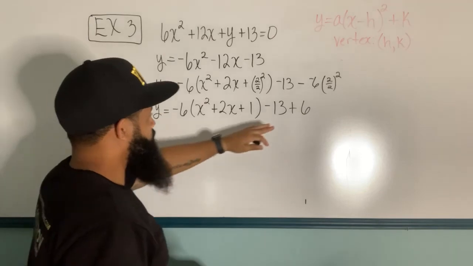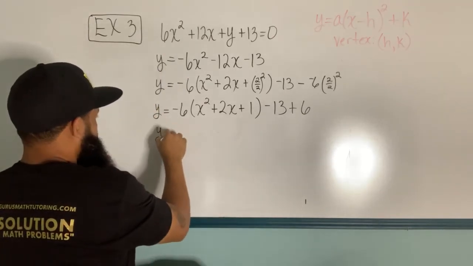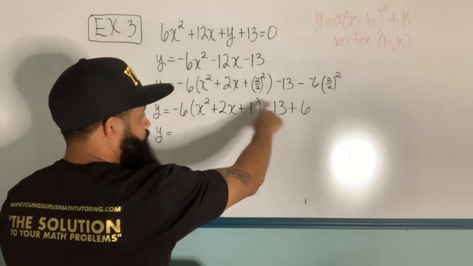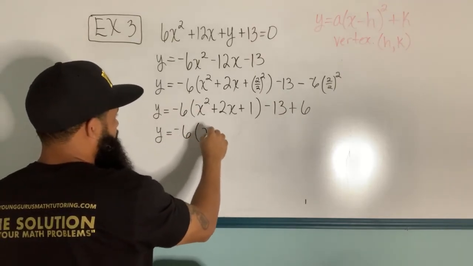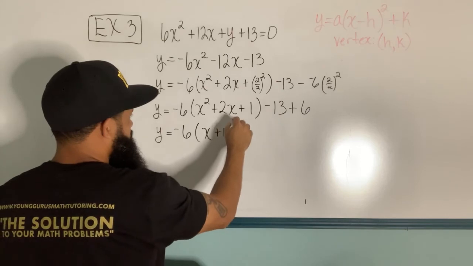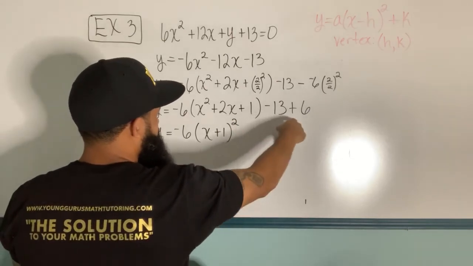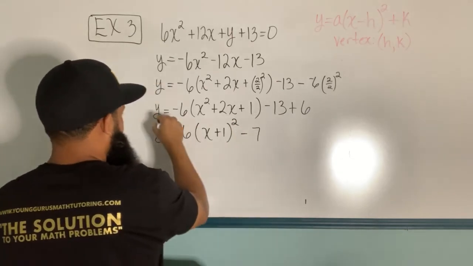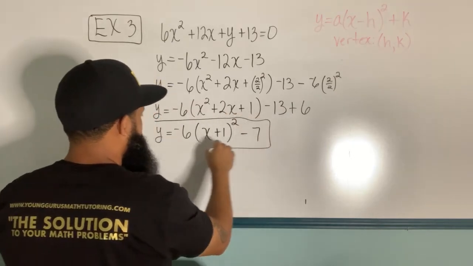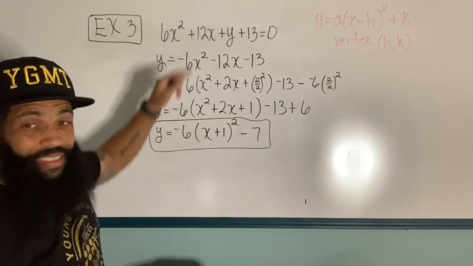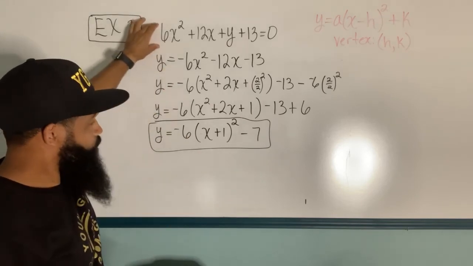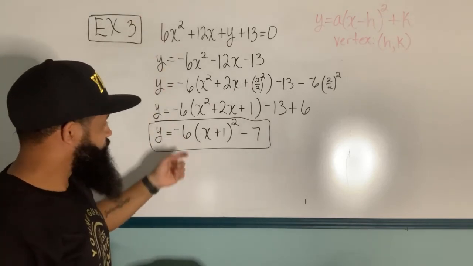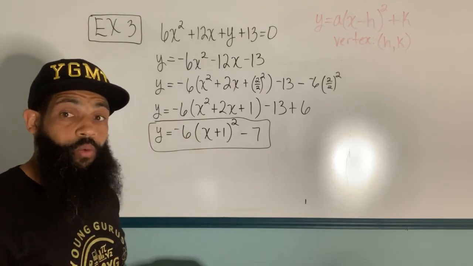Okay? So here, now I can simplify, and you may have to pause and rewind and go back and look at that for a second. So negative 6 times x plus 1 squared, and then negative 13 plus 6 is negative 7. So this is the vertex form of that same function. Okay? This same quadratic expression, this is the vertex form. Now we got to figure out, what is the vertex?